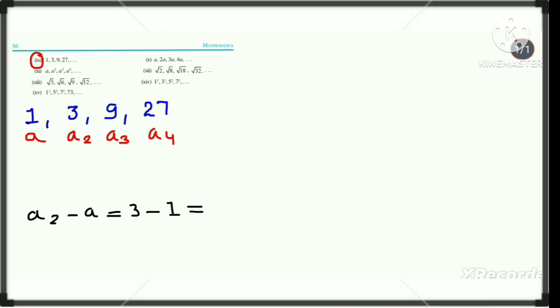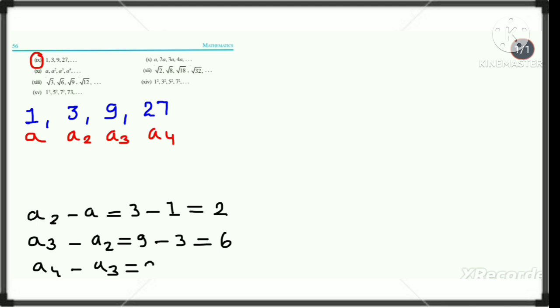3 minus 1, 2. Similarly, the difference between A3 and A2. A3 is 9 minus A2 which is 3. Then 9 minus 3, 6. Now the difference between A4 and A3.